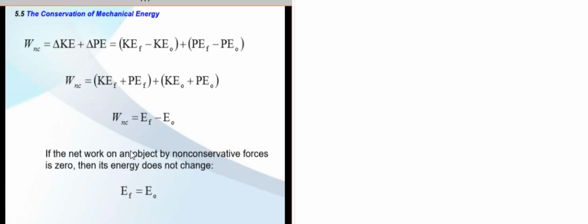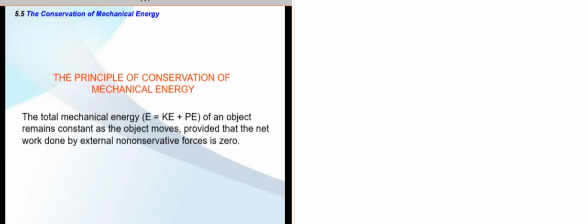This is the principle of conservation of mechanical energy: the total mechanical energy E, the sum of the kinetic energy and the potential energy of an object, remains constant as the object moves, provided that the net work done by external non-conservative forces is 0.